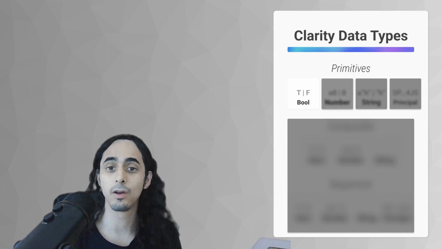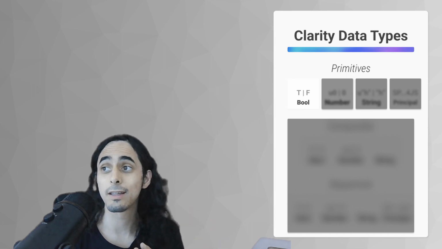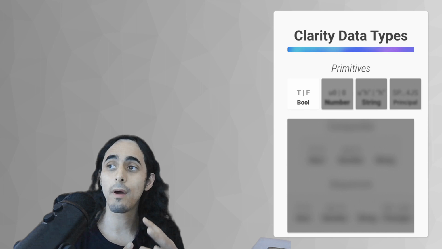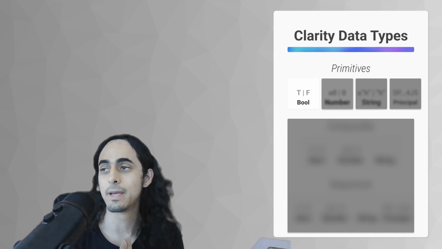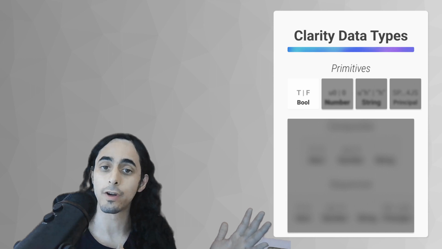On top of that, of course, Clarity also has numbers, Clarity has strings. However, and this is now the first distinction, there is one particular data type that makes Clarity extremely different from the majority of programming languages.